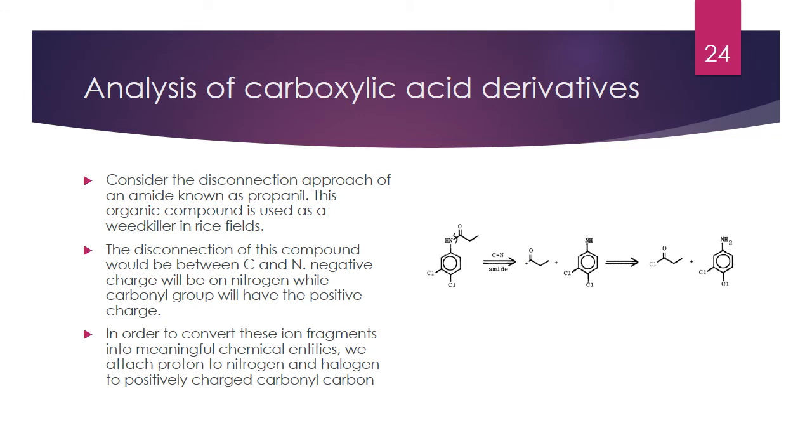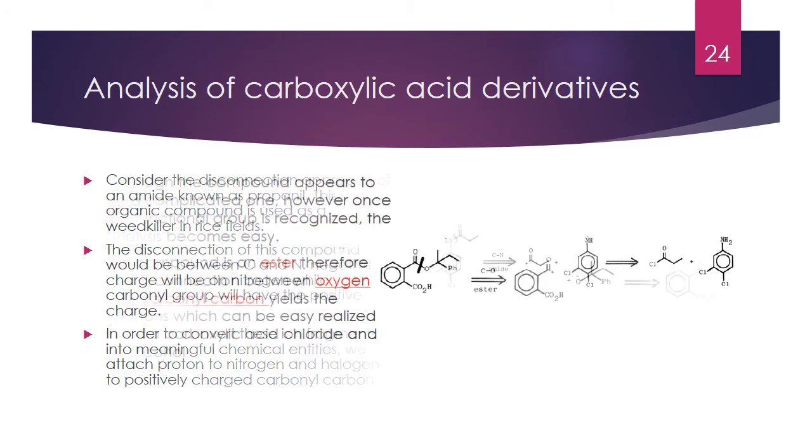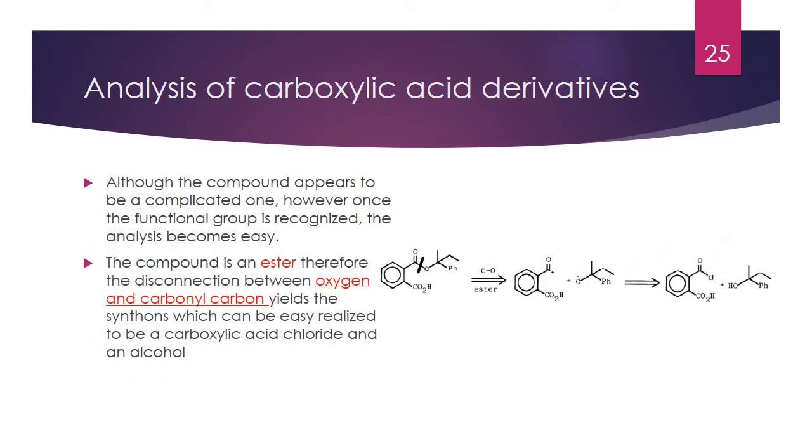Nitrogen will have negative charge, carbon will have positive charge, and again by convention you have to attach a chlorine to the carbonyl carbon, so we'll get a carboxylic acid halide, and by attaching a proton to the nitrogen, which has the negative charge, we'll get an amine. So by reaction of this aniline with this carboxylic acid halide, we'll get the amide.